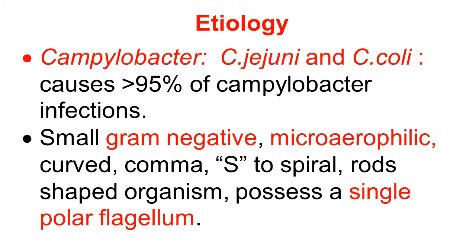The organisms are of various shapes. They are either curved, comma, S or spiral shaped, or rod shaped organisms. A characteristic of Campylobacter is that it possesses a single polar flagellum, and that gives motility to the organism.